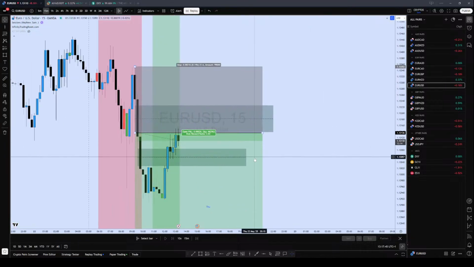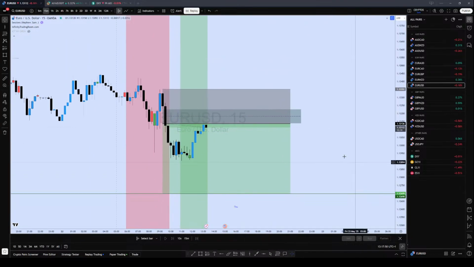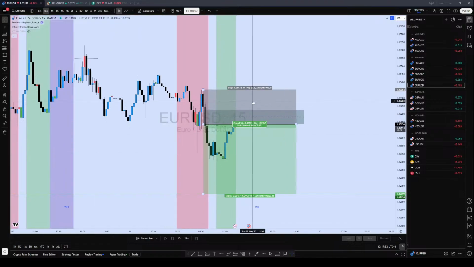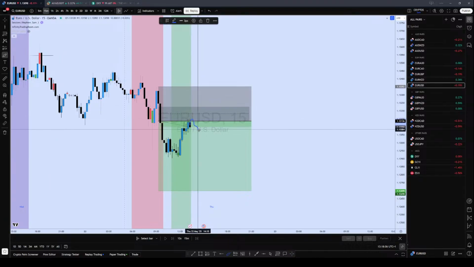Now time is not up yet, so we sit and wait. When it's 2 or when it's 5 minutes to 2, then you start looking for the entry. Now that might mean price might start rejecting, but wait for a fair value gap to form during that window.